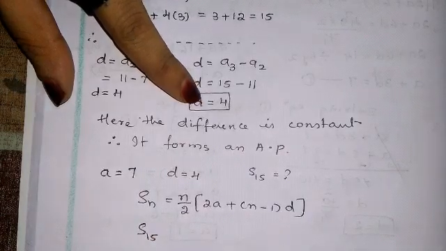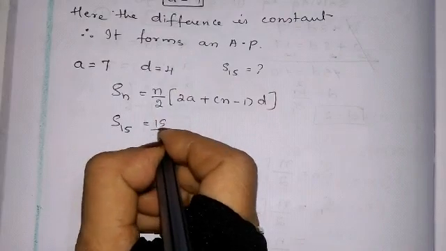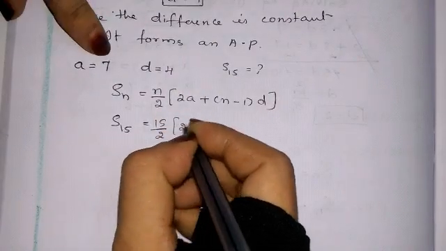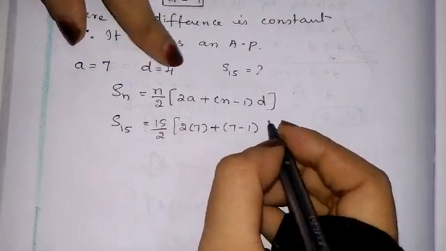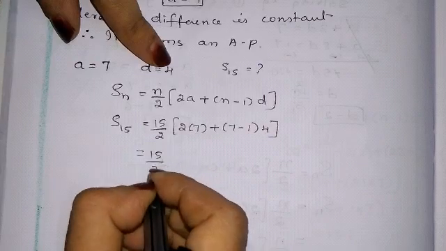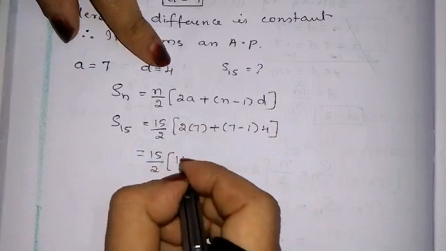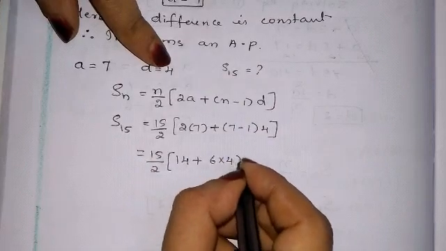S15 is equal to 15 by 2 [2a, where a value is 7, plus (7 minus 1)... wait, 15 minus 1, d is 4]. Okay, 15 by 2 will keep as it is. 7 twos are 14 plus 14 into 4.